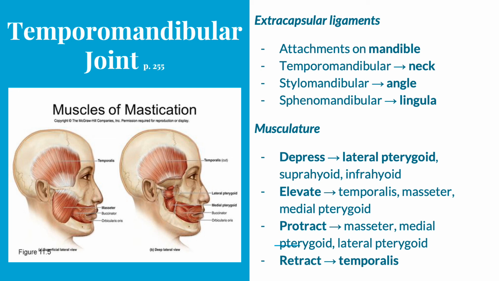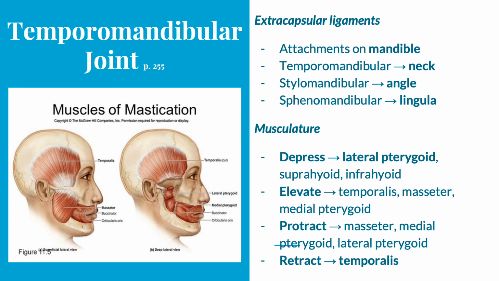Musculature. So you want to know the functions of the musculature. So lateral pterygoid is going to be doing that depression, elevation. Just essentially know all of them. Try to learn less to know more. So for example, I definitely memorized the fact that the temporalis is going to be the only muscle that retracts the jaw.